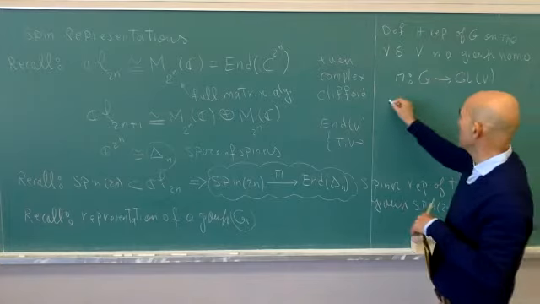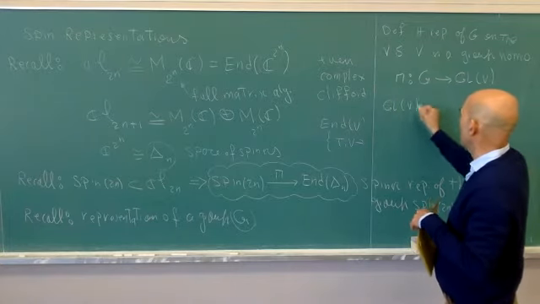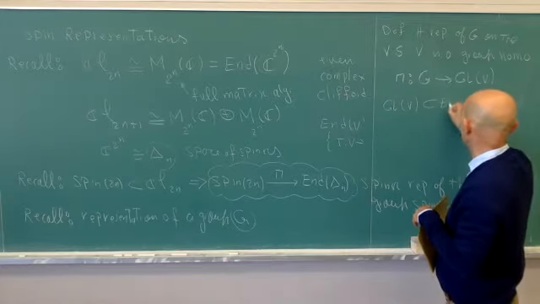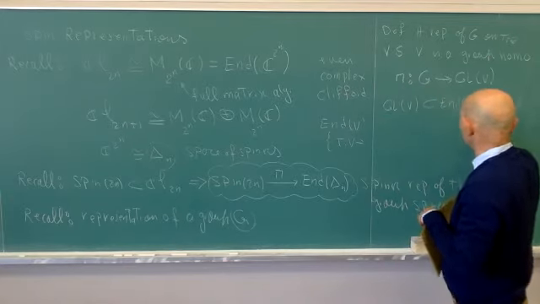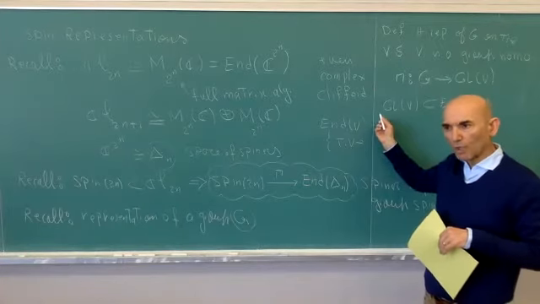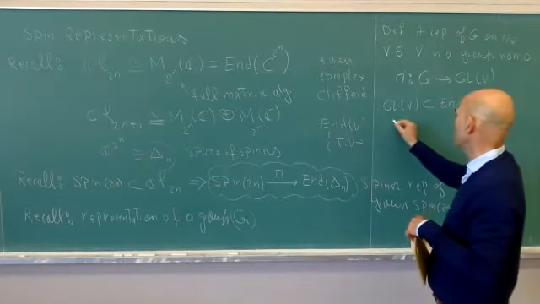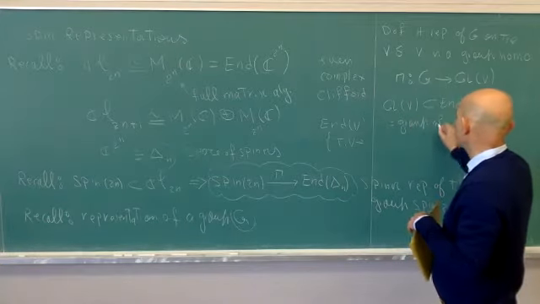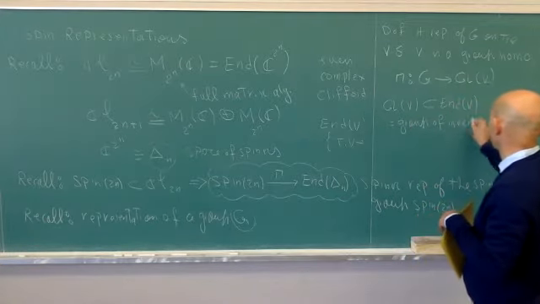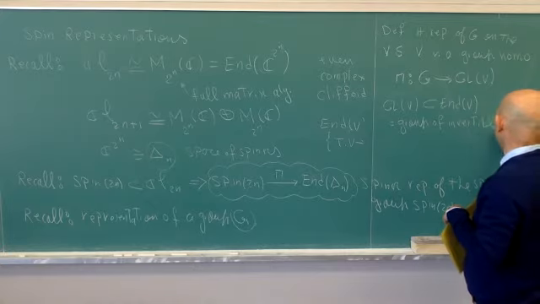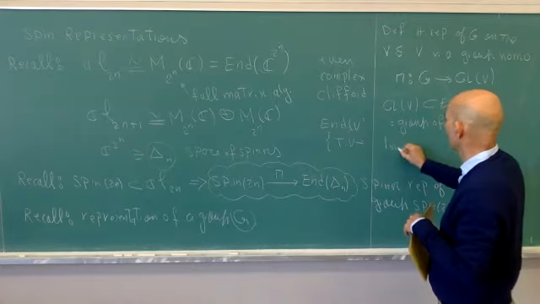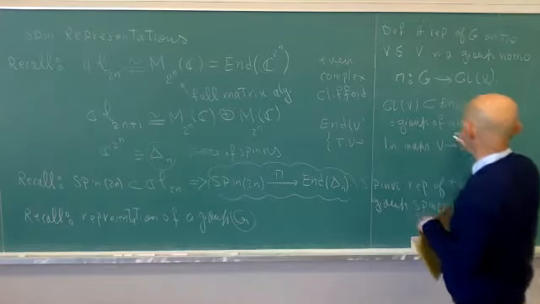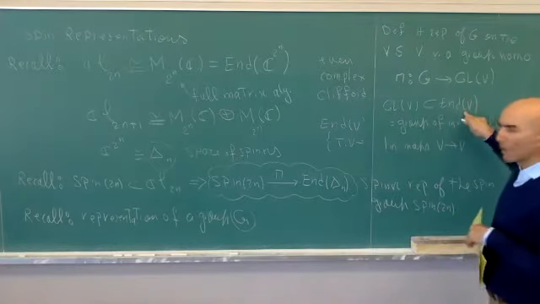This GLV is a group inside this algebra End of V. This is the group of one-to-one onto maps from V to V. So this is the group of invertible linear maps from V to V.